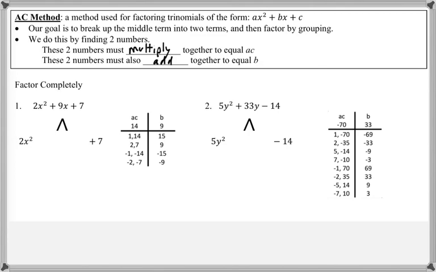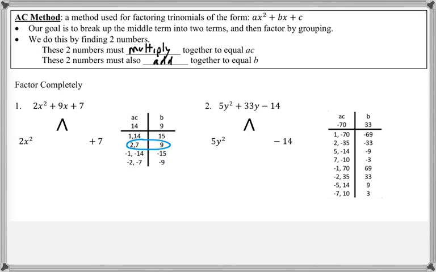So we're listing out all the pairs of numbers that multiply together to give you 14. And so that's like 1 times 14, 2 times 7, negative 1 times negative 14, negative 2 times negative 7. But only one of these pairs will add up to be B, or add up to be 9. And that is this pair right here. So 2 times 7, those are the only two numbers that multiply together to give you 14, but add together to give you 9.